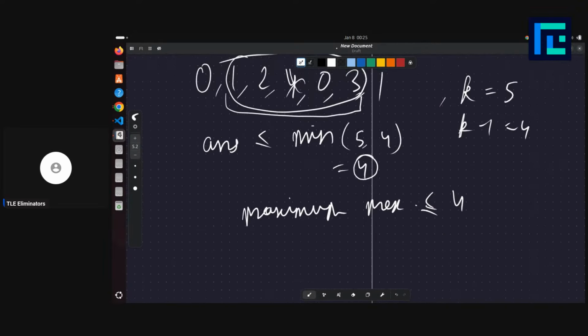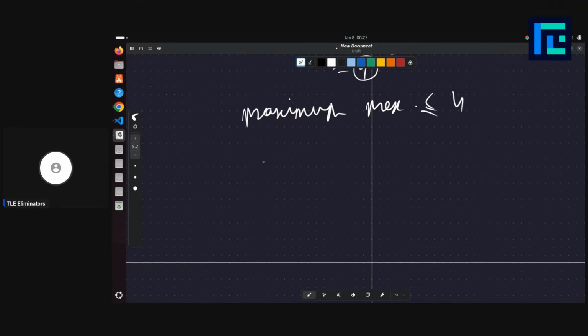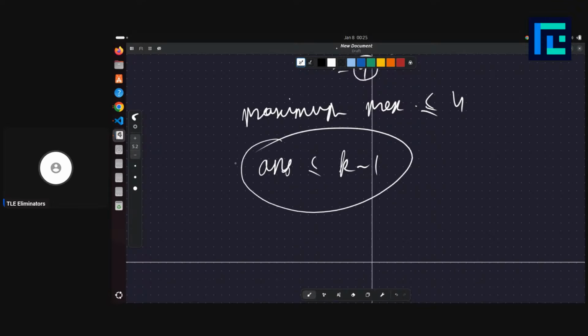Basically, if I know that my answer is less than or equal to k minus 1, I can delete anything which is at least k minus 1, and I won't face any consequences, because the elements that are making my answer k minus 1 are all less than k minus 1. That is the main observation here.